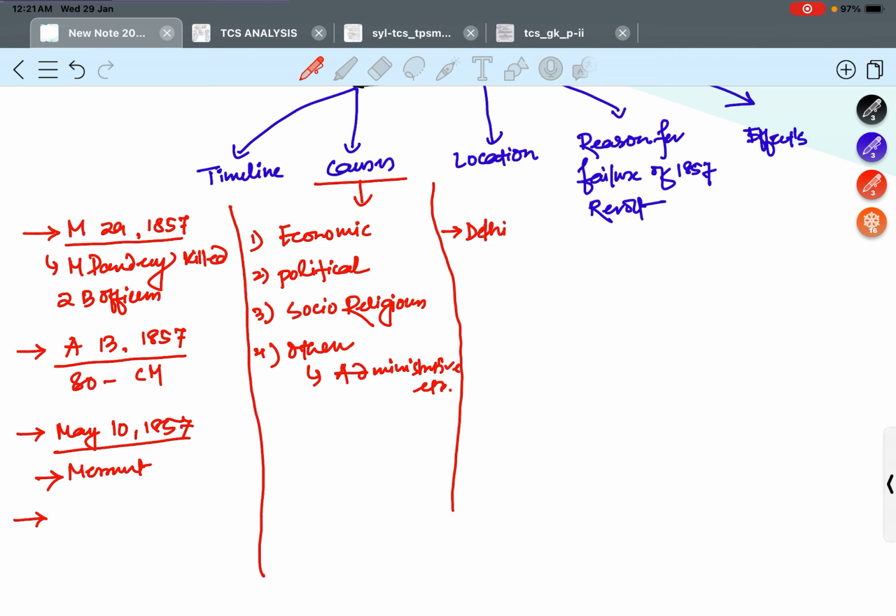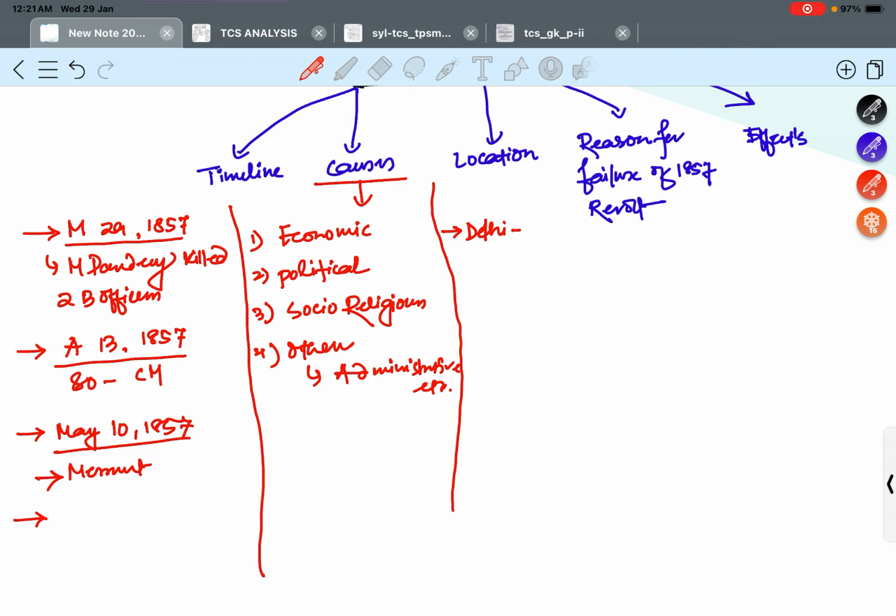In the exam they can ask who was the leader of the 1857 revolt which was taking place in Delhi. That time you have to name that leader. In Delhi the leader was, if I remember correctly, Bahadur Shah Zafar and his general Bakht Khan.